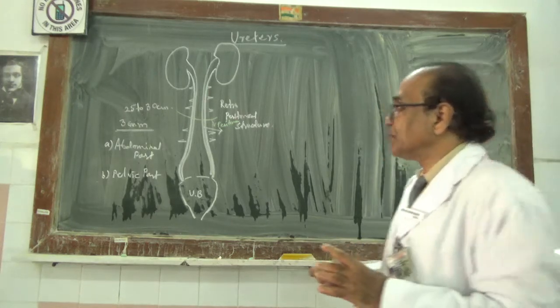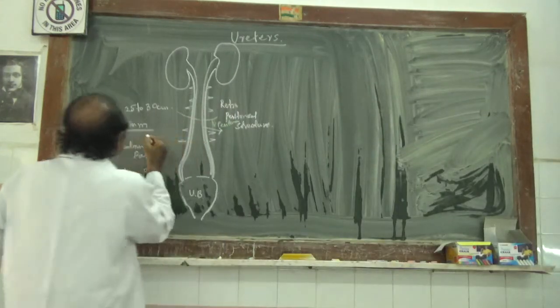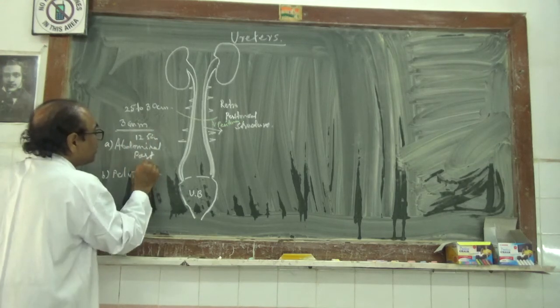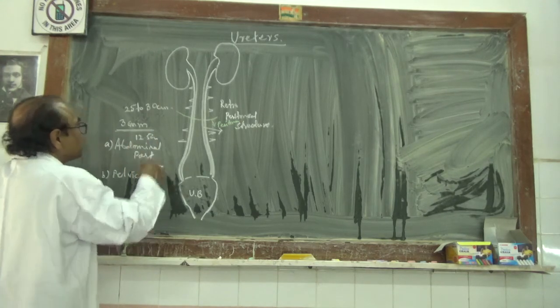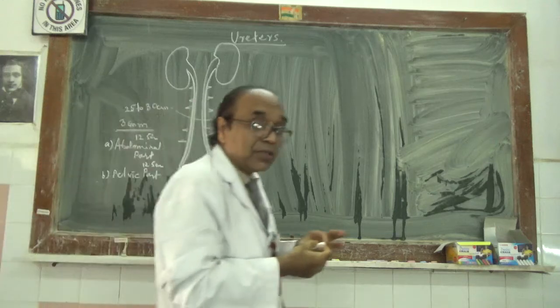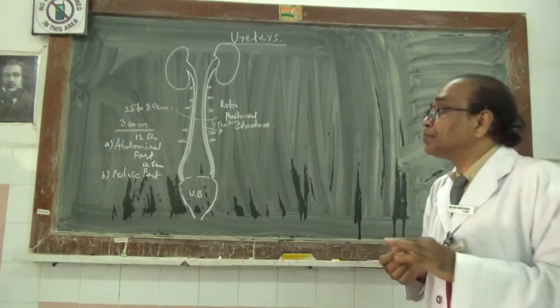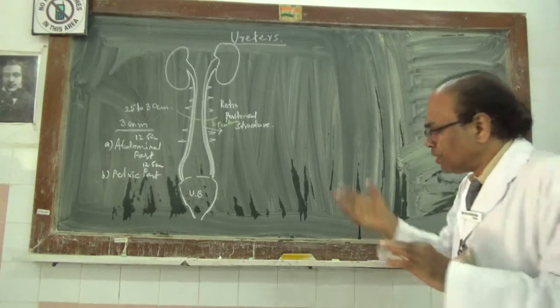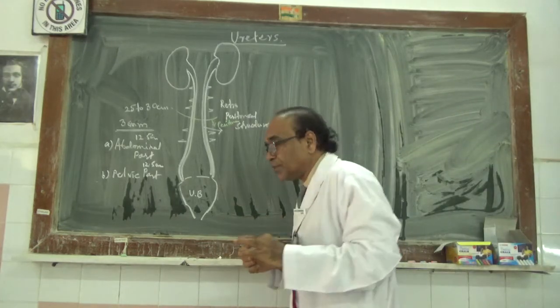I mean to say, abdominal part will be 12.5 centimeter, pelvic part will be 12.5 centimeter, if you consider the whole length of the ureter, approximately.